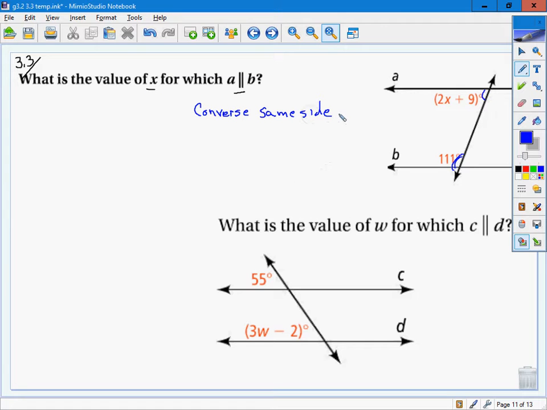And what do I know about same side interior angles? They've got to add up to equal 180 degrees, and that becomes my algebraic equation. 2x plus 9 plus the 111 has to add up to equal 180 degrees.